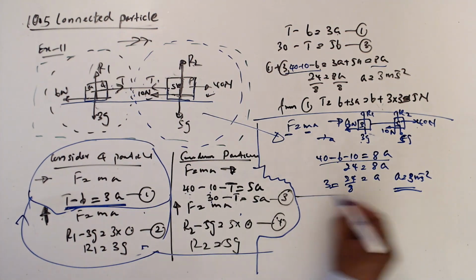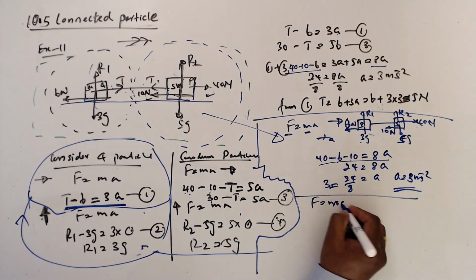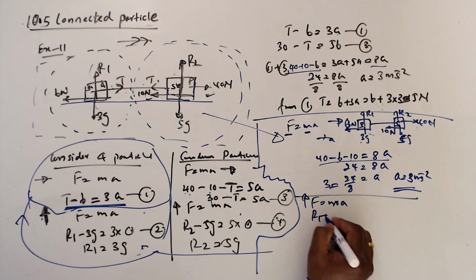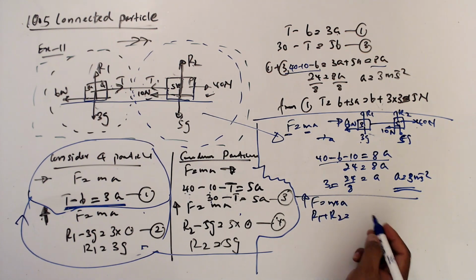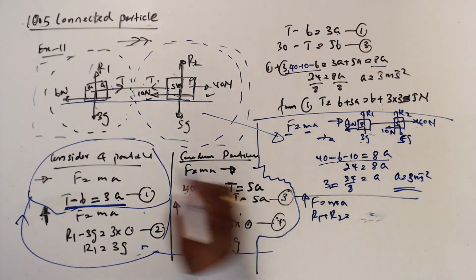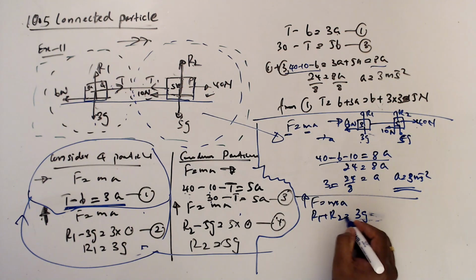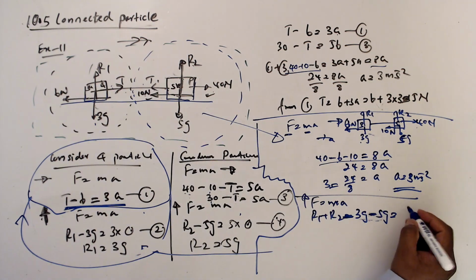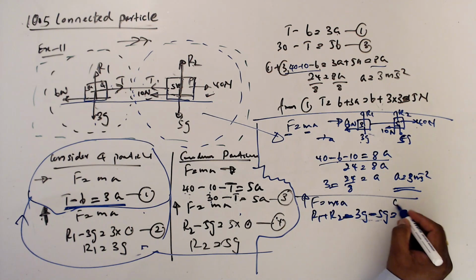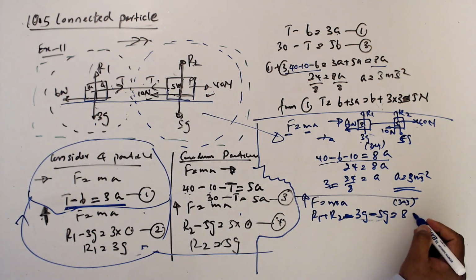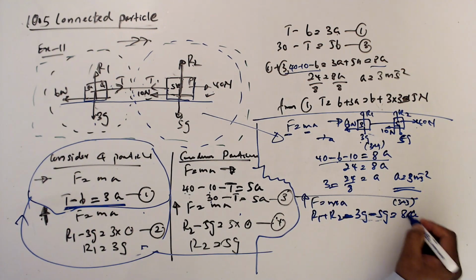Also you can put F equals ma for the whole system, then you will get R1 plus R2 equals 3G plus 5G, since it is not moving vertically, so the total mass is 3 plus 5, 8. Here also 3 plus 5, 8, total mass times A. So A is 0 here.